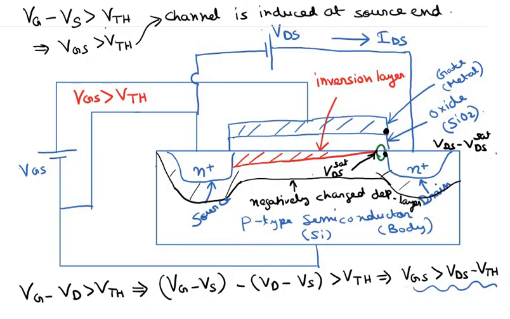So this part basically contains, or holds, this voltage VDS minus VDS set. Now, when we increase this voltage VDS, this point where the channel has just pinched off, or where the channel has just ceased to exist, slightly shifts towards the left.